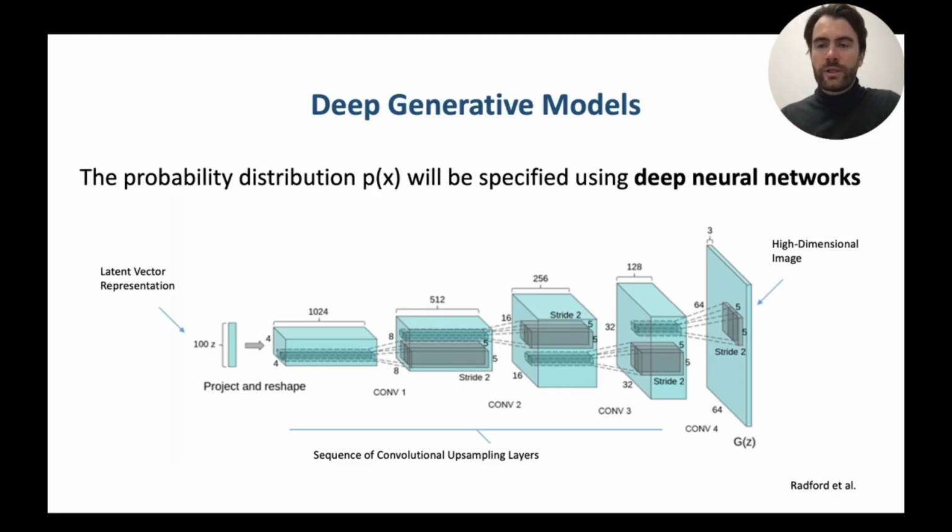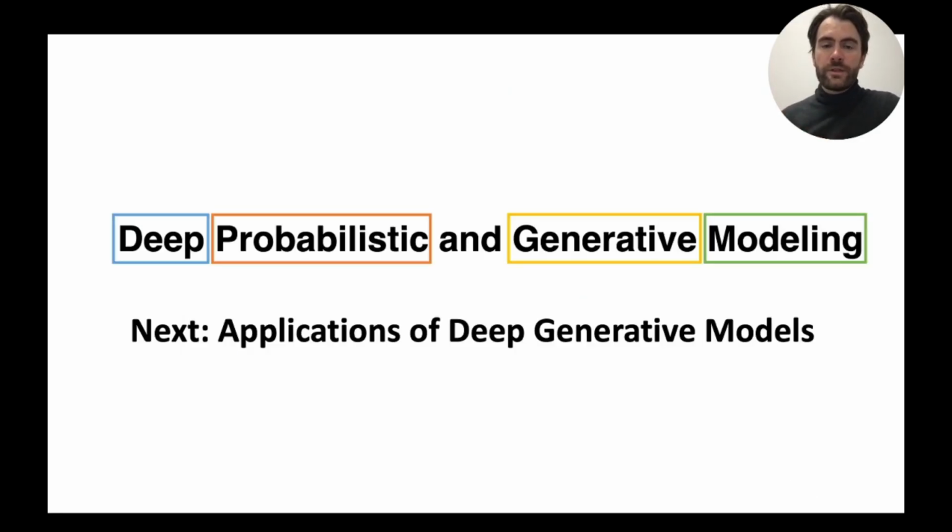And this is why we need to resort to deep neural networks, to take advantage of their expressivity. All right, so this summarizes the key terms that define this course: deep, probabilistic, and generative modeling. Hopefully now you are starting to have a sense of the kinds of topics and the kinds of algorithms that we are going to be exploring later in this course.